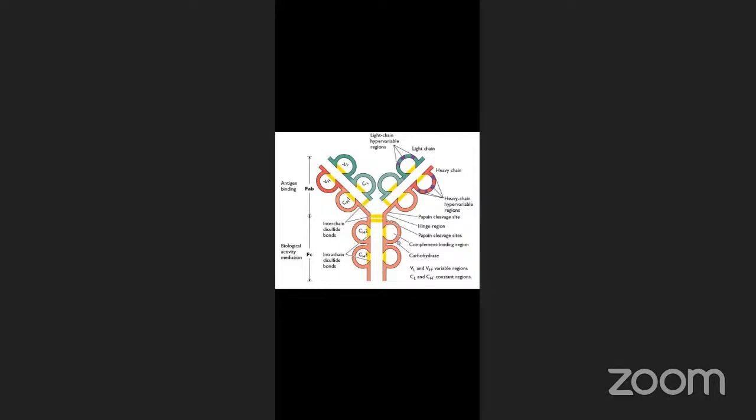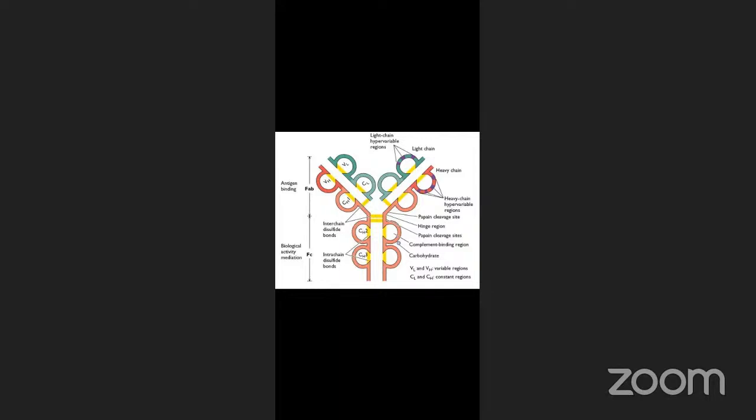Okay, and based on the mobility, I have already told you that there are two types of antibodies. The first one is the circulating antibody, and the next one is the surface antibody.